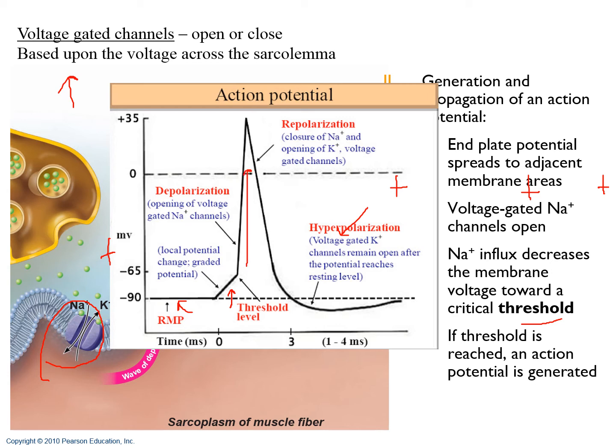That membrane potential becomes much more positive, and it will go all the way up to plus 35 millivolts. Let me try one more time. So when the voltage-gated sodium and potassium channels open, the membrane potential becomes much more positive, and at its peak, it will reach about 35 millivolts in amplitude.